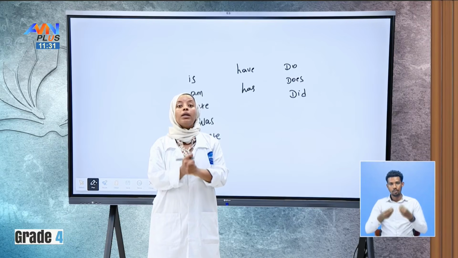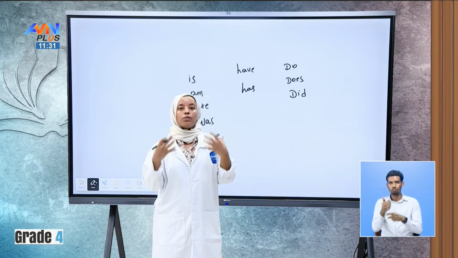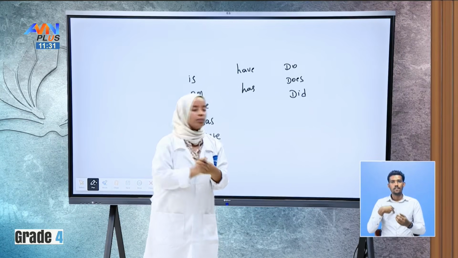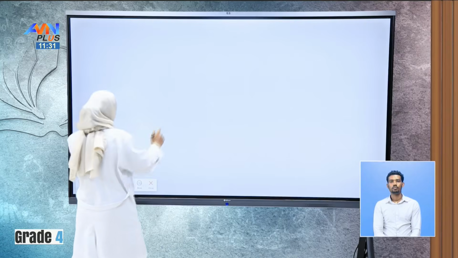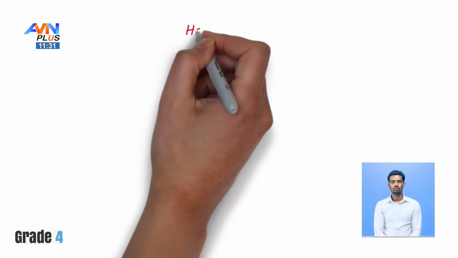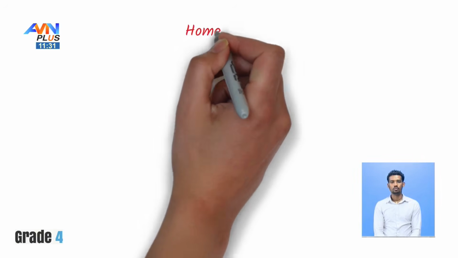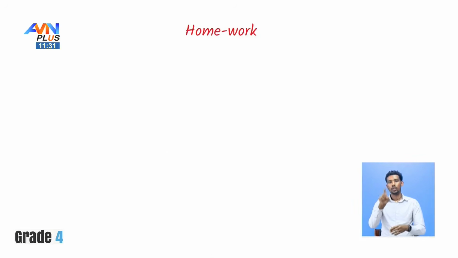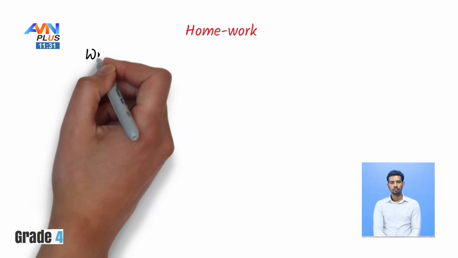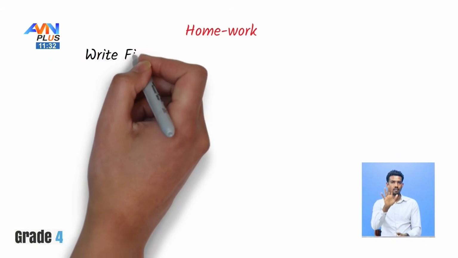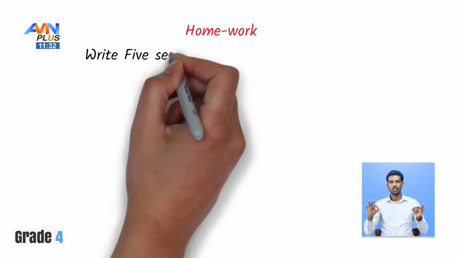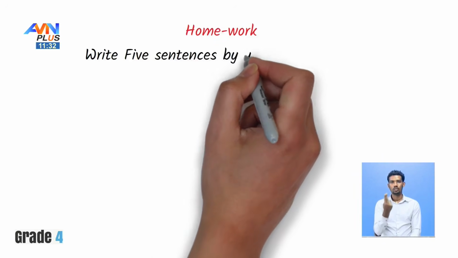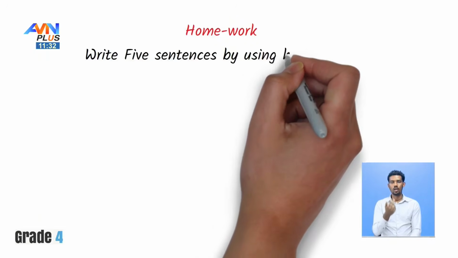Let me give you homework to practice at home to get more knowledge and more practice. Let me give you some questions for homework. Students, write 5 sentences by using helping verbs.